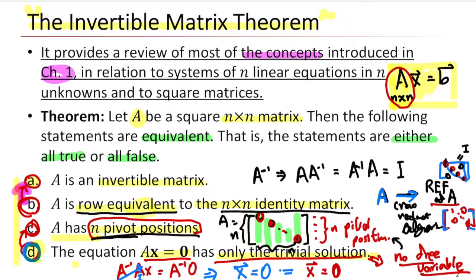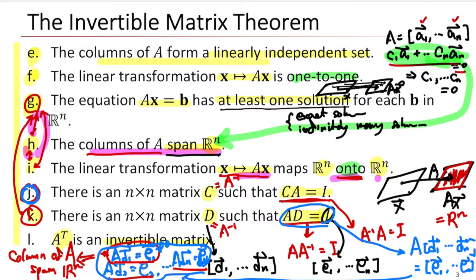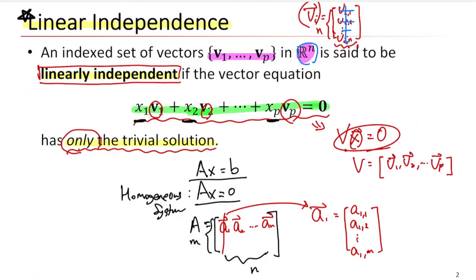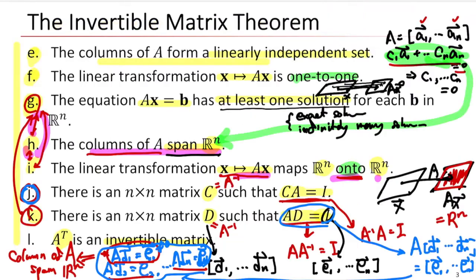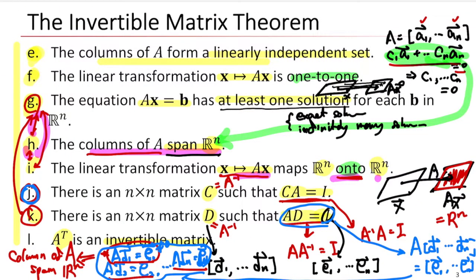If this equation has only the trivial solution, then the columns of A form a linearly independent set. This is the definition of linear independence. Because it has only the trivial solution, x equals 0, this is linear independence, right? So from this we can conclude that from statement J to E is true.